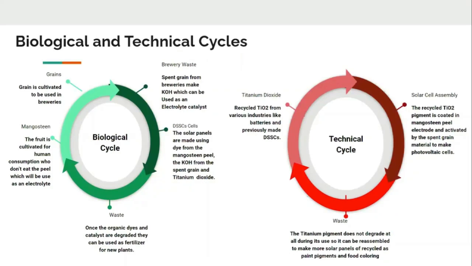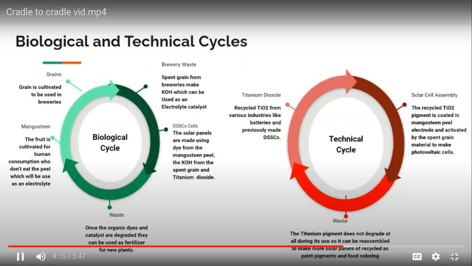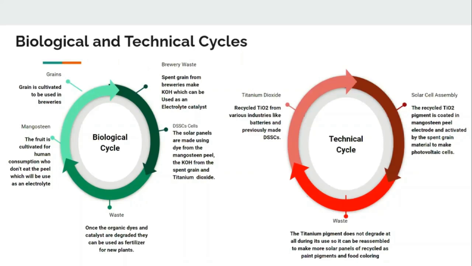And from that, the only waste that there is is the hemp plastic that becomes biodegradable, the spent grain biocarbon, which is also biodegradable, and the mangosteen dye that is needed to make the photovoltaic cells is also biodegradable, so it can really go into compost to make more mangosteen and more grains to keep the chain going.